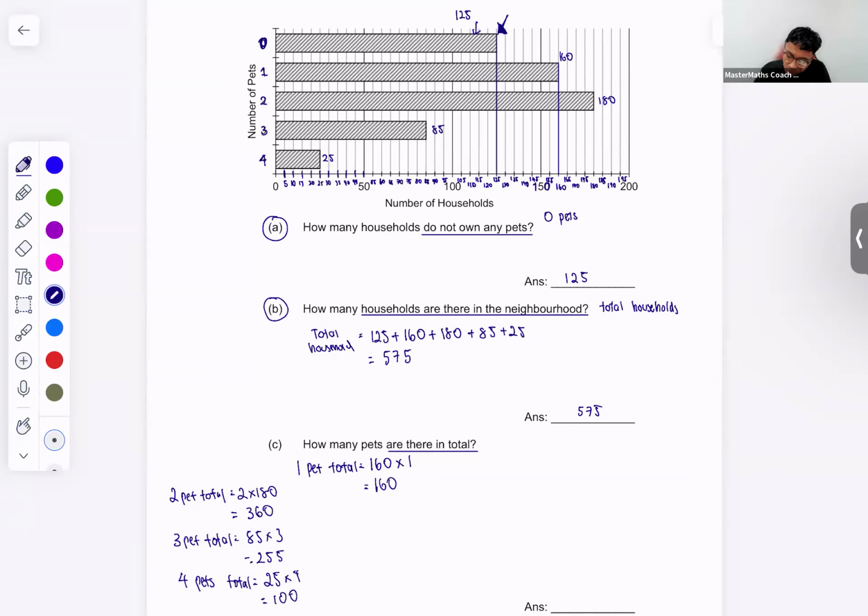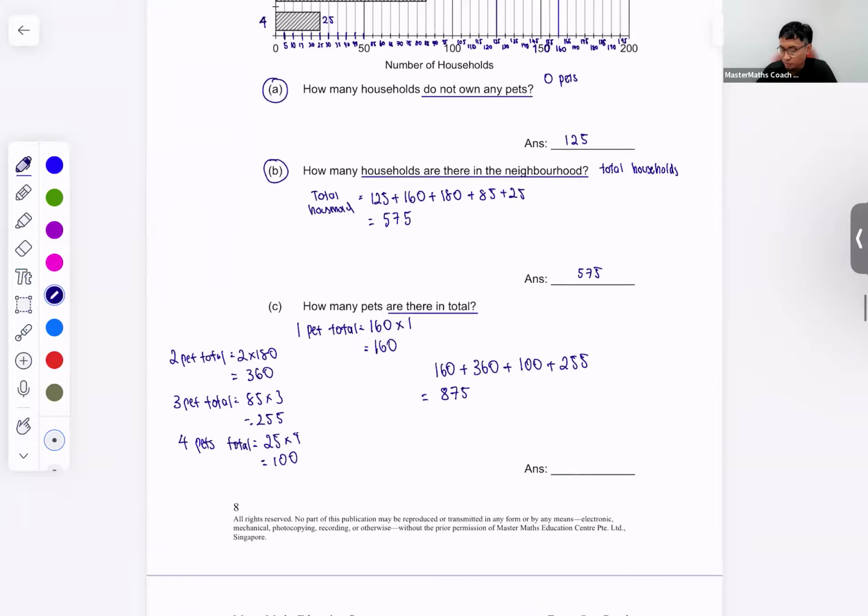So we have to add all of this up. 160 plus 360 plus 100 plus 255. So how many pets are there in total? 875. All right. You understand a bit better now?